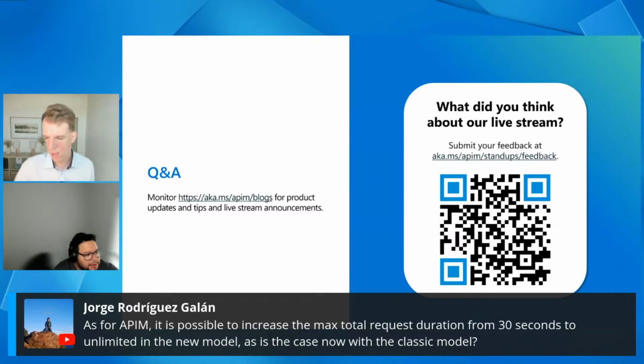Thirty seconds. If you can comment a little bit more, Jorge, do you want to increase the total request duration in the send request policy, or is it just a regular API operation through the forward request policy?